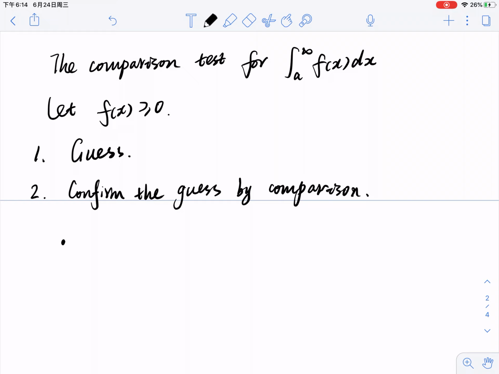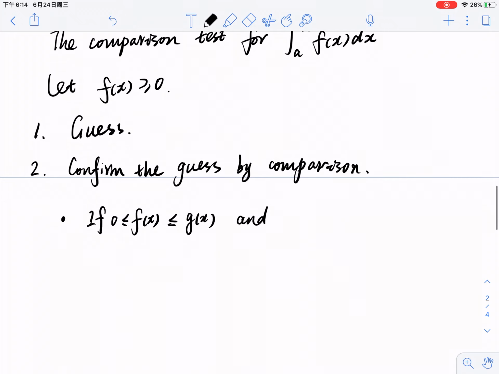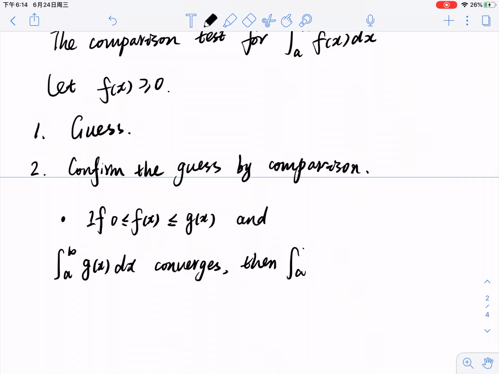If we have f(x) less than or equal to g(x), greater than or equal to 0, and the integral from a to infinity of g(x) dx converges, then the integral from a to infinity of f(x) dx converges.